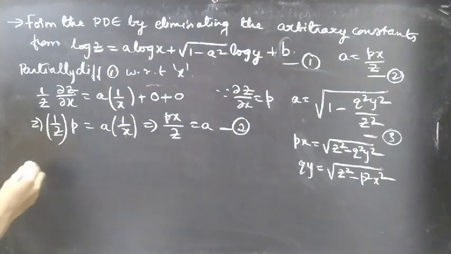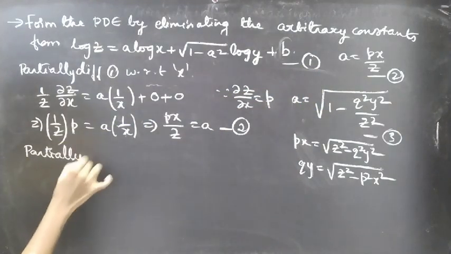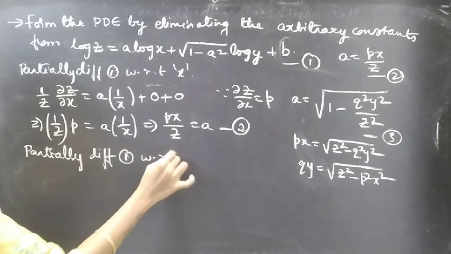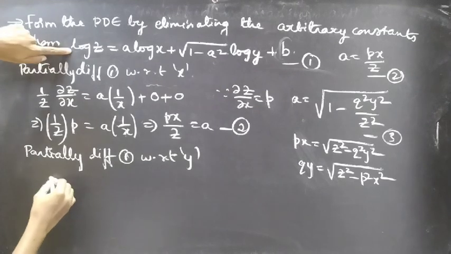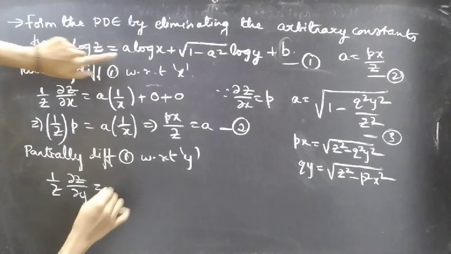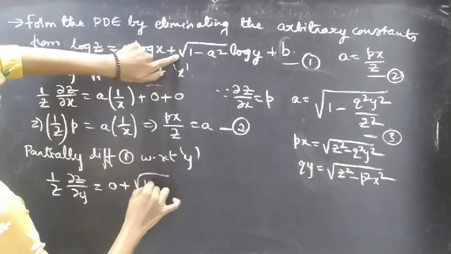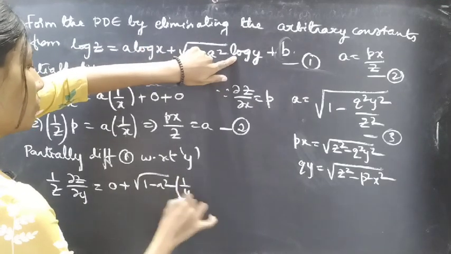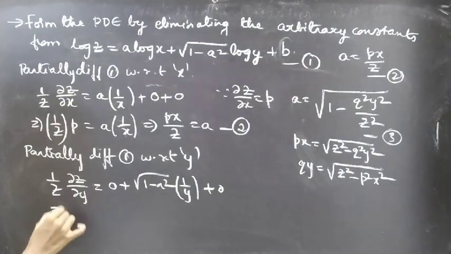Now partially differentiating 1 with respect to y. The partial derivative of log z with respect to y is 1 by z into dou z by dou y, equal to the partial derivative of a constant with respect to y, which is 0, plus the constant into the partial derivative of log y with respect to y, which is 1 by y, plus the partial derivative of a constant, which is 0.